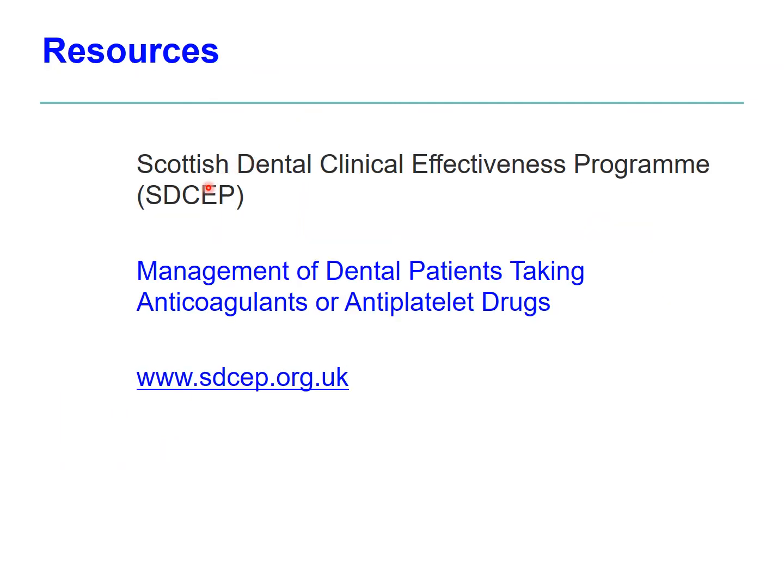So with regards to further reading, I've already highlighted the PDSC guidelines on surgical management of patients on antiplatelet and anticoagulant agents. The links have been provided in the presentation, and you can always click on the PDSC website and download these guidelines.